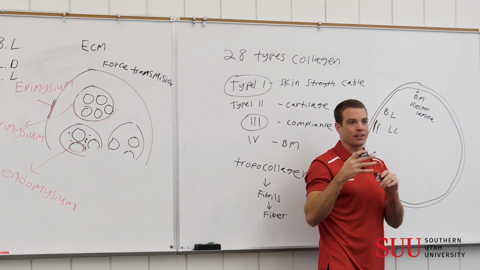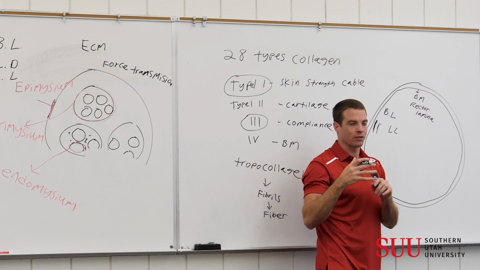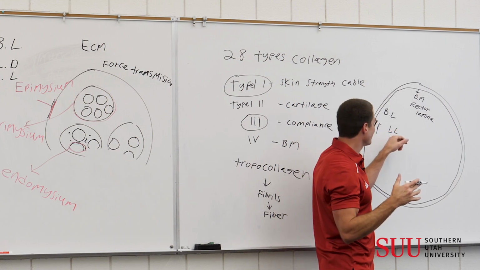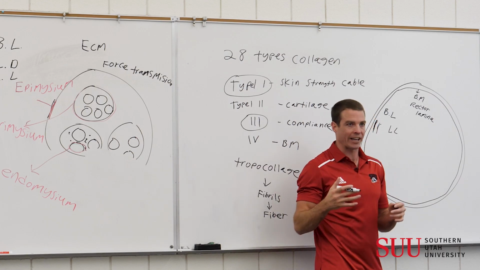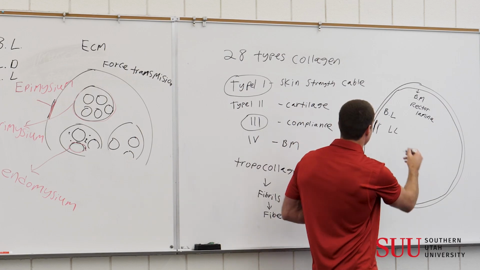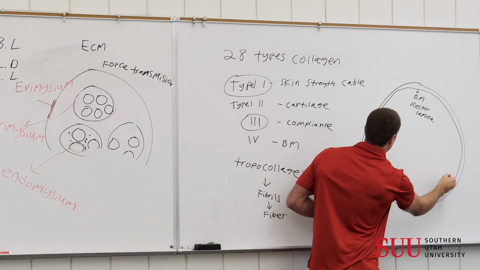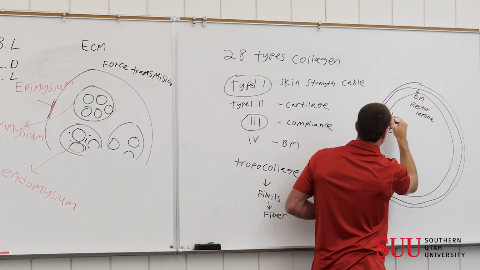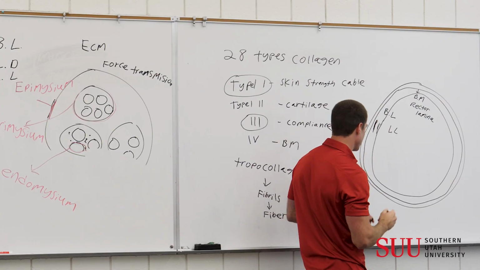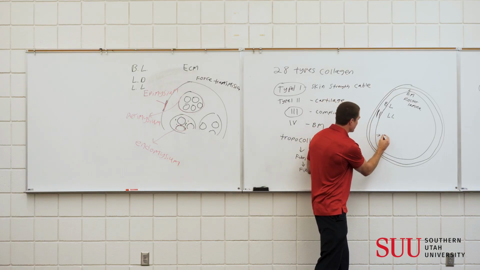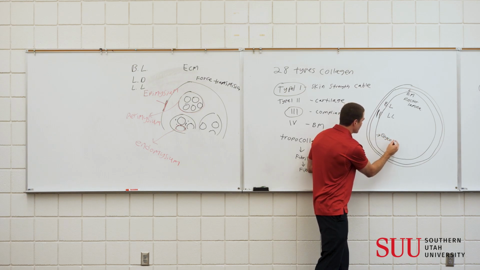It's underneath the lamina lucida that we have the glycocalyx. Okay, and the glycocalyx is what surrounds this whole thing as well. Okay, now what is the glycocalyx? So this is the glycocalyx. I'll just label this here. Glycocalyx.